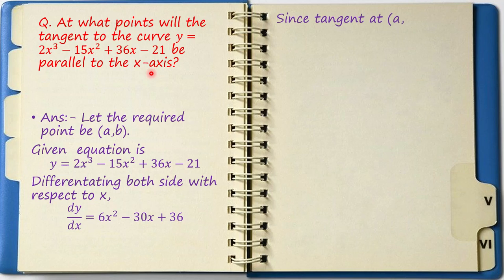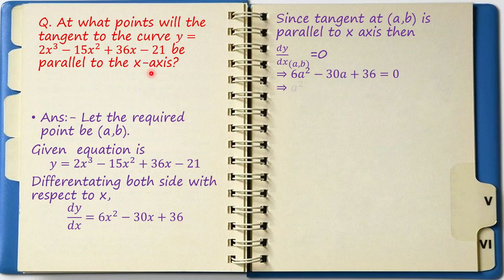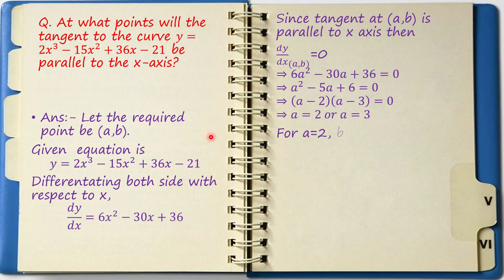Since the tangent is parallel to the x-axis at that point (a, b), the point of contact, the derivative at that point is 0. Put x = a in the derivative, and we find 6a^2 - 30a + 36 = 0. Simplify or factorize it, and you will find a is 2 or a is 3.